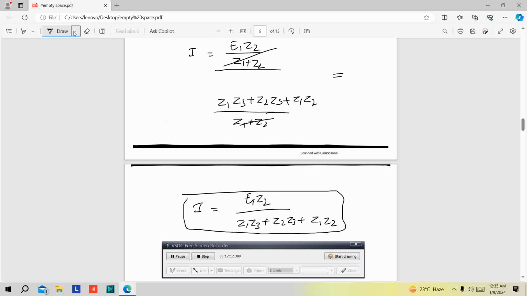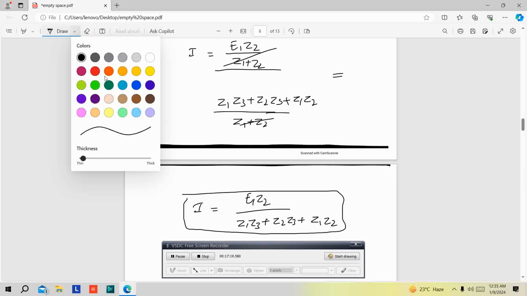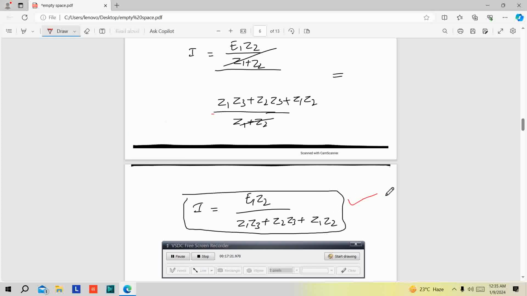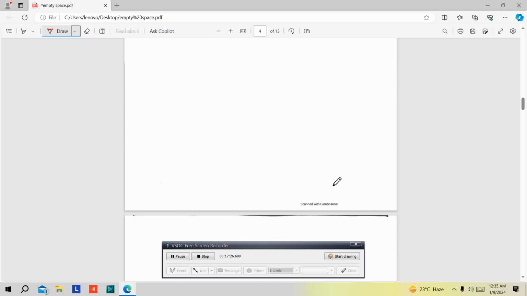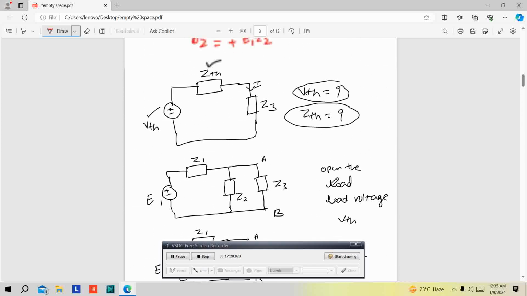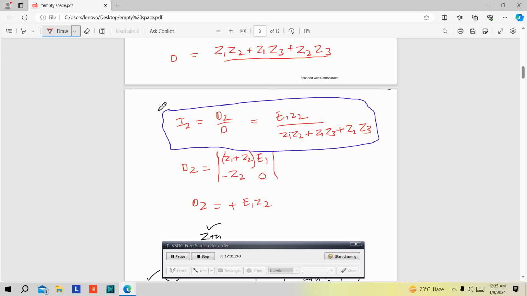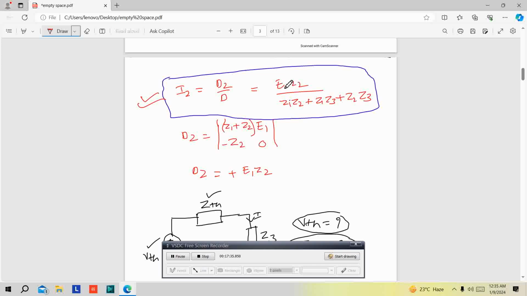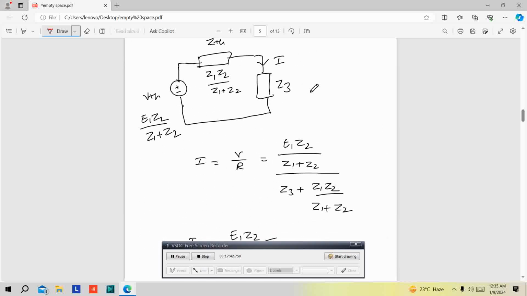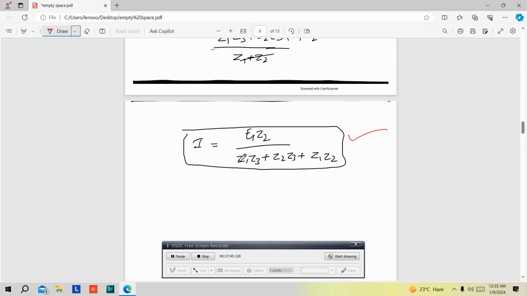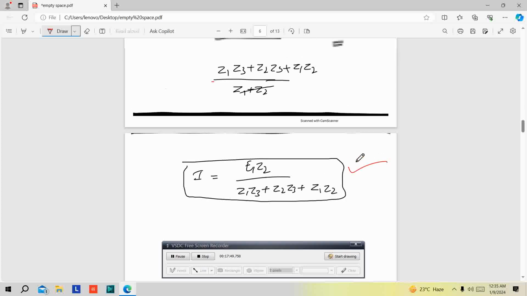Now observe very carefully. This and this are the same: E1 Z2 divided by Z1 Z3 plus Z2 Z3 plus Z1 Z2.